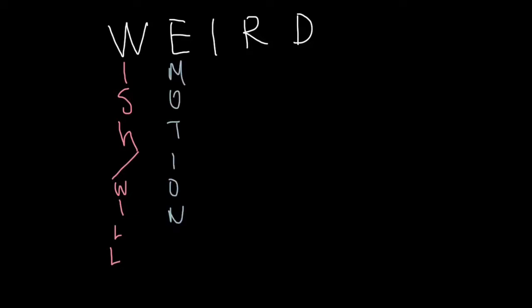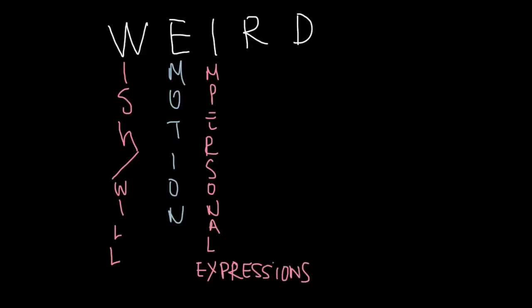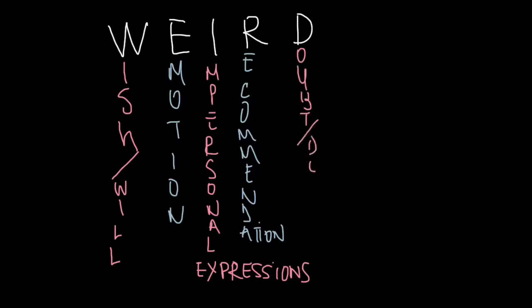So, with verbs of wish or will, with verbs of emotion, with impersonal expressions, when you want to make recommendations to someone about something, or when you want to express doubt or denial about someone or something.